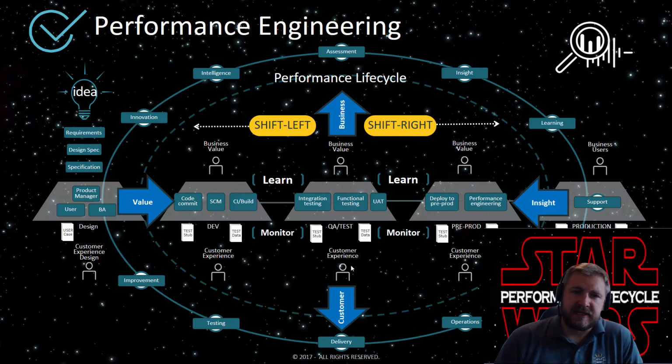But the value to the business is the ability to sell online and give more flexibility to their end users. So value coming in from the left-hand side, which then really needs to be proved out from a shift left perspective. So how do I do the logic, create the code, and quickly test it.